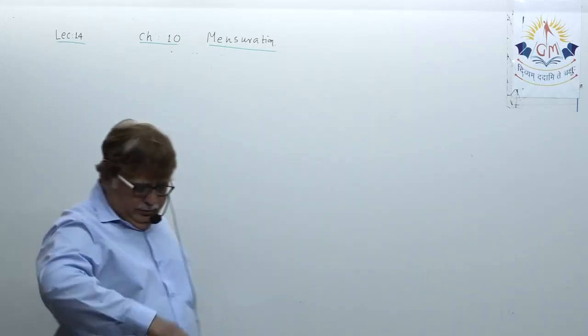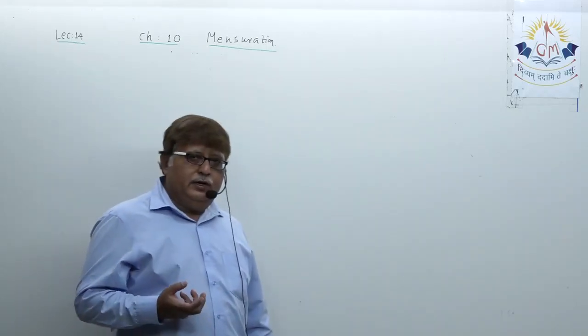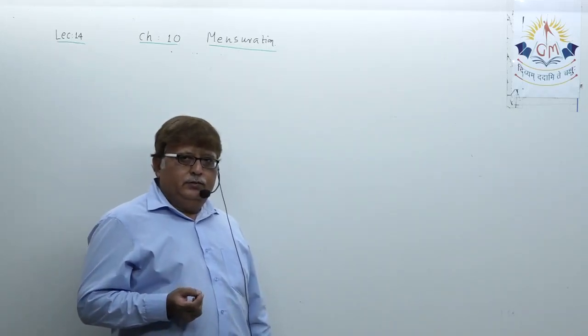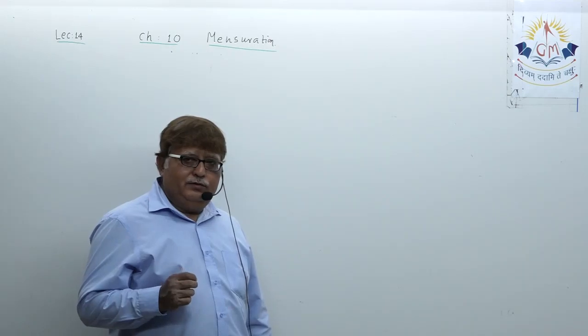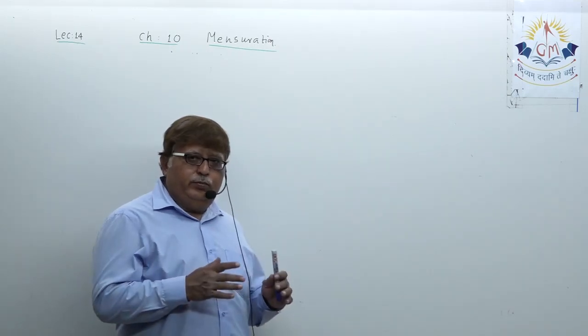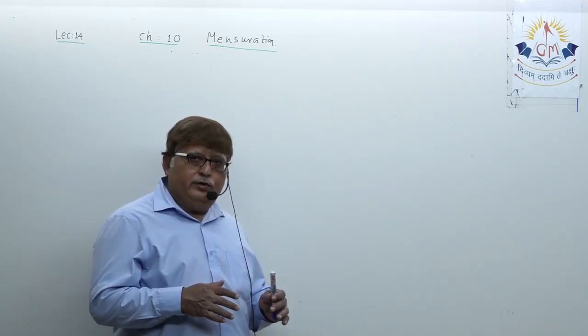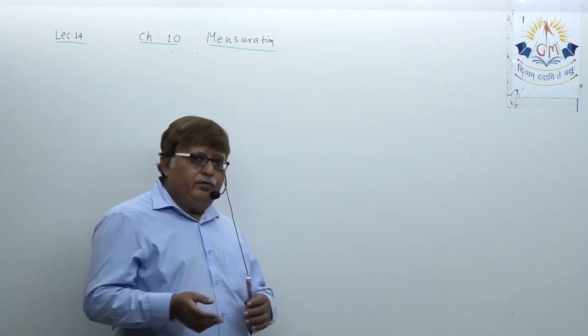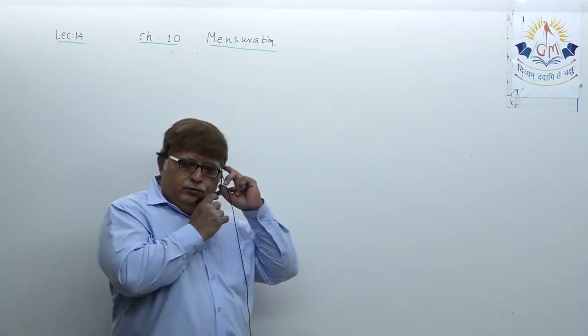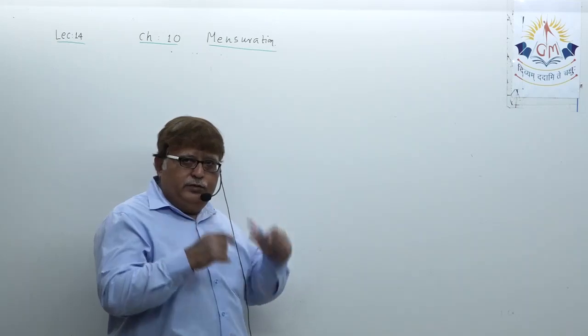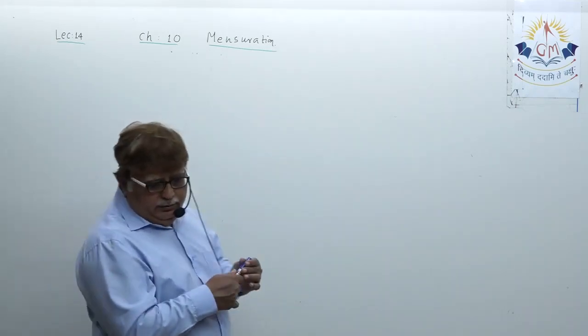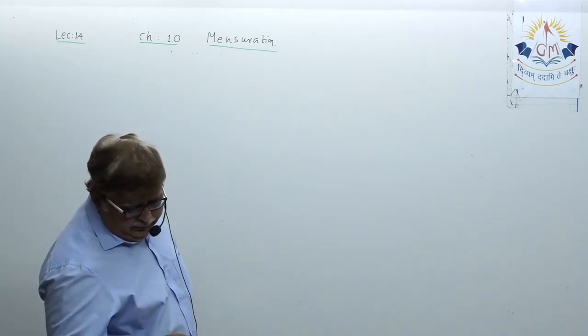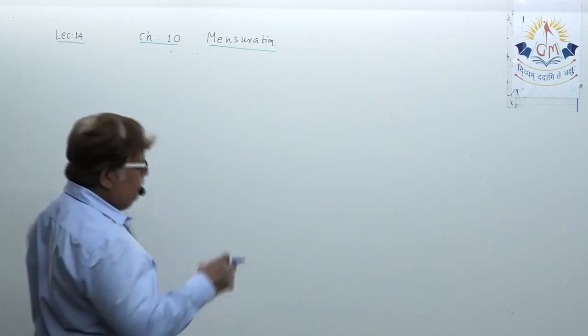As I told you, this is the chapter and lecture, so the lecture doesn't mean to specify some particular topic. It may vary from topic to topic, so you have to be conscious about that, dear student.